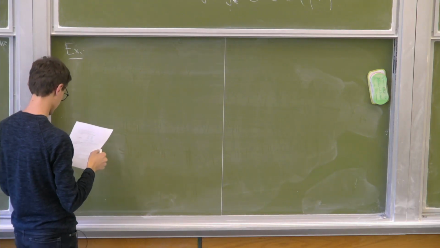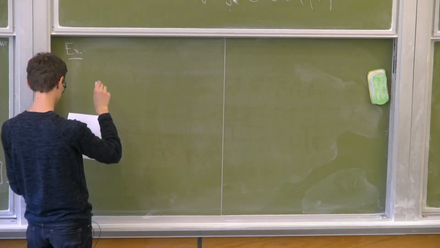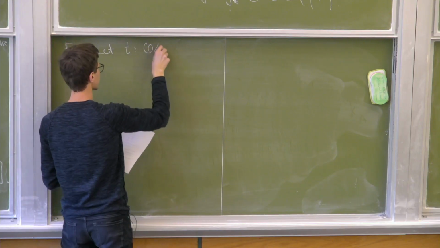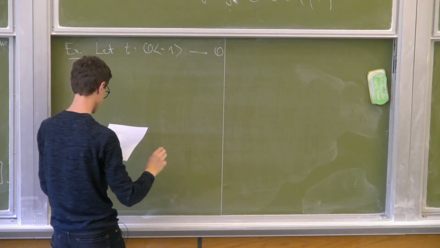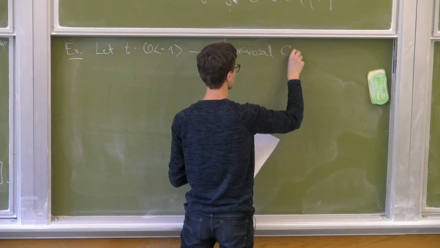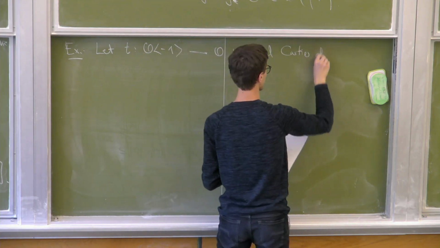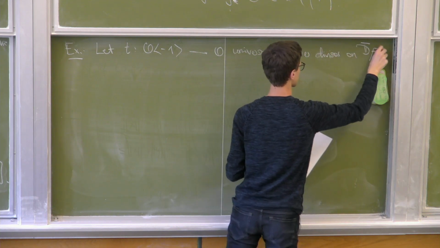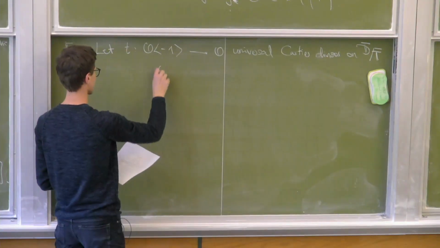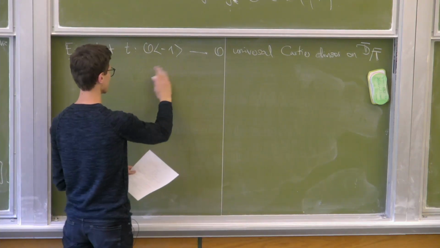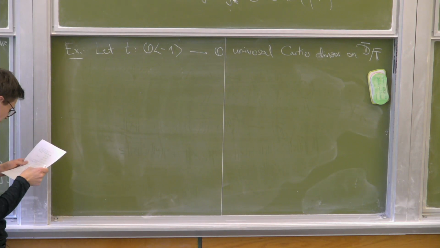Maybe I should also tell you what the Tate twist is in this category of motives. I take the universal Cartier divisor on this disk mod the torus. I use this funny angle bracket notation because the round brackets already have a meaning on the Fargues-Fontaine curve, and I don't want to get confused.